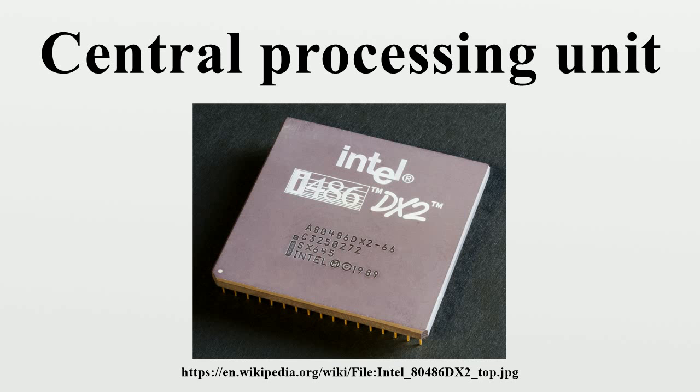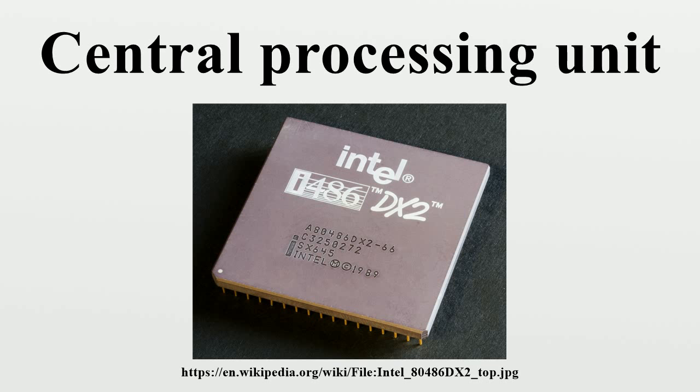Microprocessors. In the 1970s, the fundamental inventions by Federico Faggin changed the design and implementation of CPUs forever. Since the introduction of the first commercially available microprocessor in 1970, and the first widely used microprocessor in 1974, this class of CPUs has almost completely overtaken all other central processing unit implementation methods.